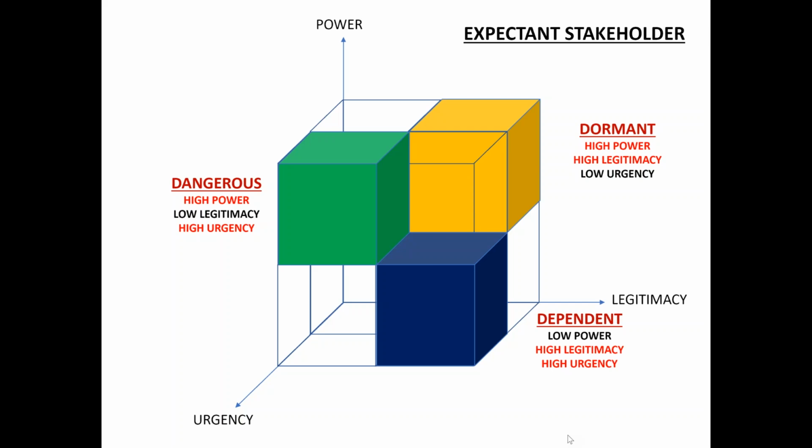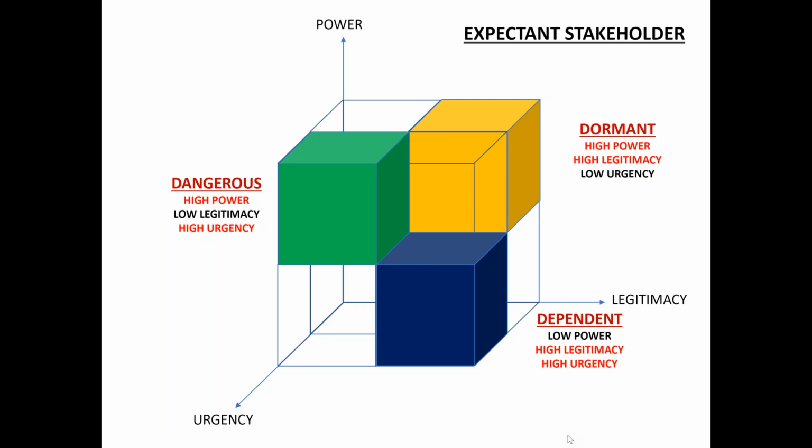And the dangerous stakeholder is another expectant stakeholder, and this is high power and high urgency, but no legitimacy. So why is it dangerous? Because he has the power to dictate his urgency.